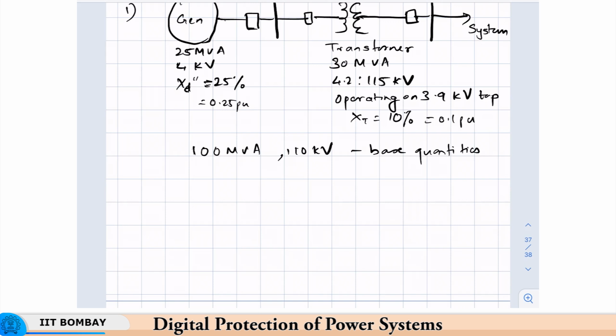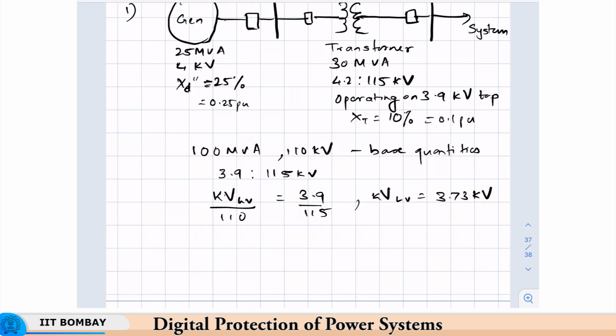Now the transformer is operating on a 3.9 kV tap. So the ratio is effectively 3.9 to 115 kV. If it were fed with 110 kV instead of 115, then what would be the voltage on the LV side? So we have kV on the LV side divided by 110 is equal to 3.9 upon 115, or in other words, kV LV is 3.73 kV.